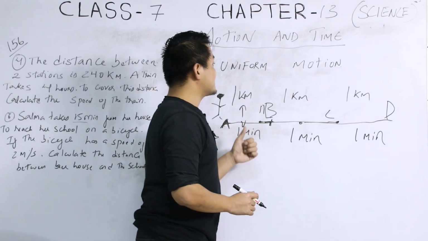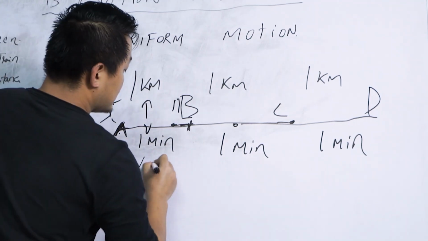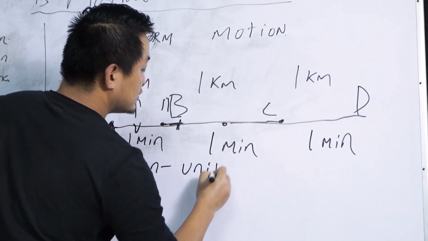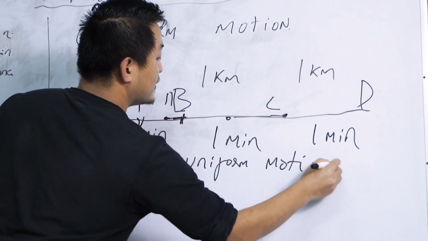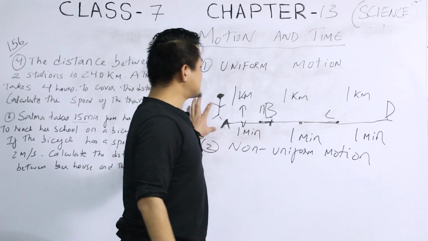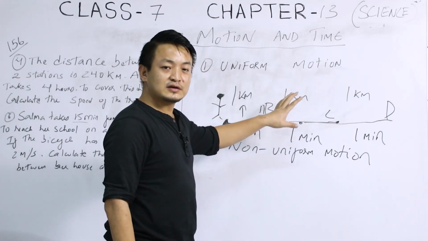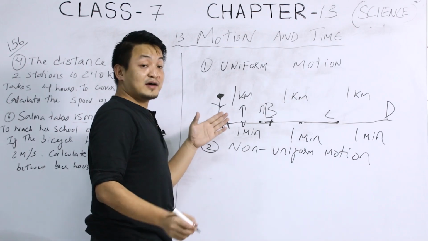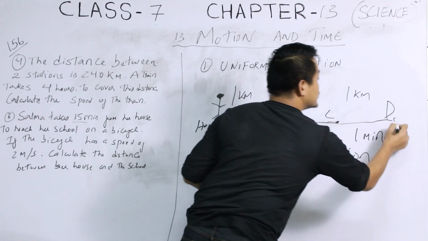Second, let's discuss non-uniform motion. But students, it is impossible to be in uniform motion. Suppose this is your home and this is your school.